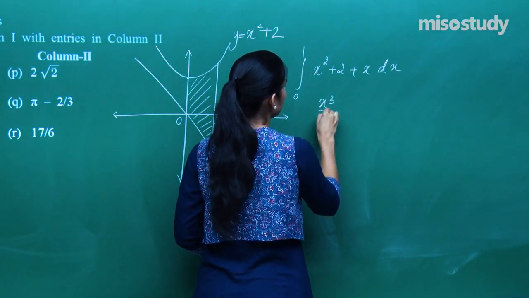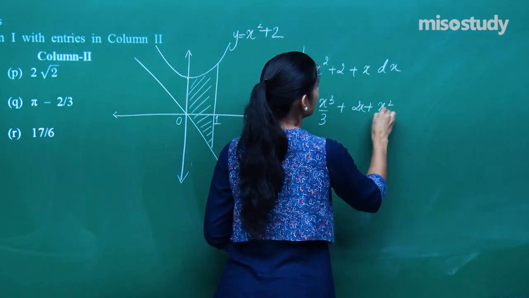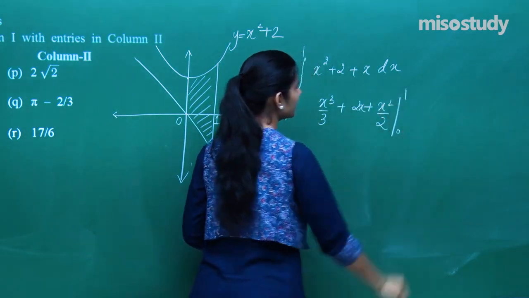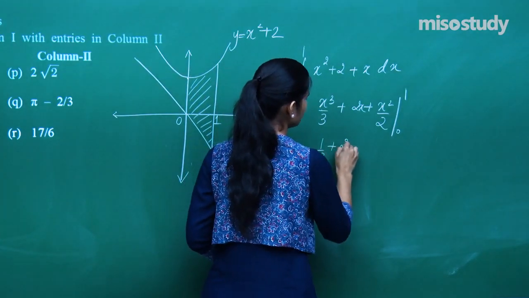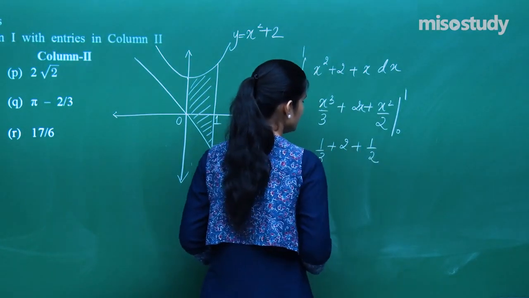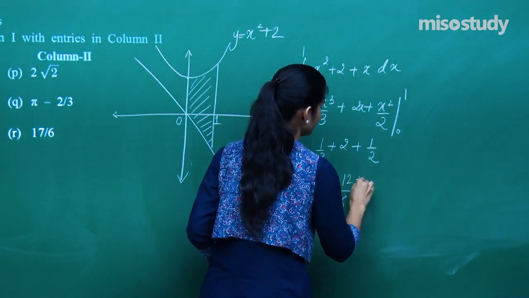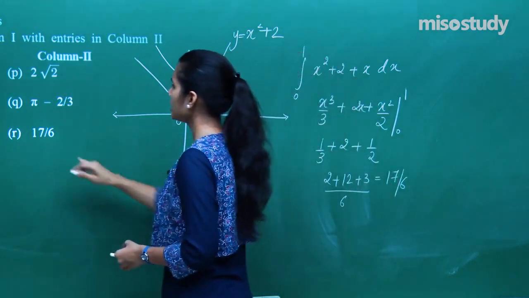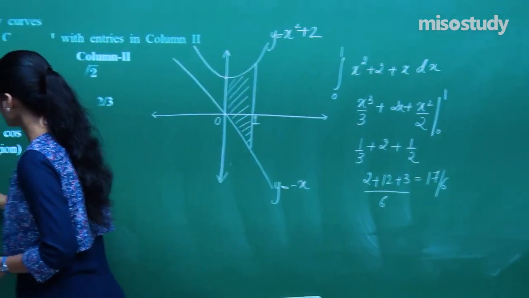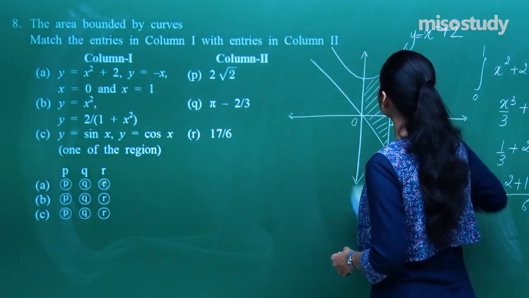So it is x cubed by 3 plus 2x plus x square by 2 from 0 to 1. 1 by 3 plus 2 plus 1 by 2. This becomes what? LCM is 6. You get 2 plus 12 plus 3, which is 17 by 6. Answer is R. So corresponding to A, you get R shaded. Let's look at the next one. What is it that we have?